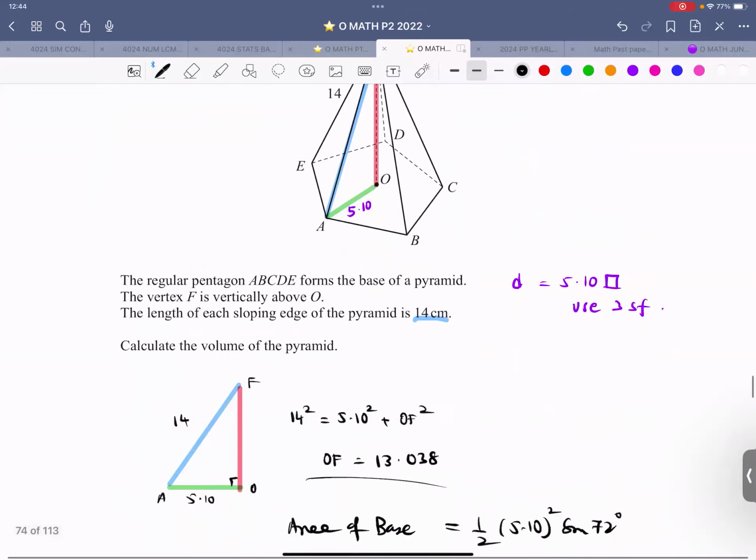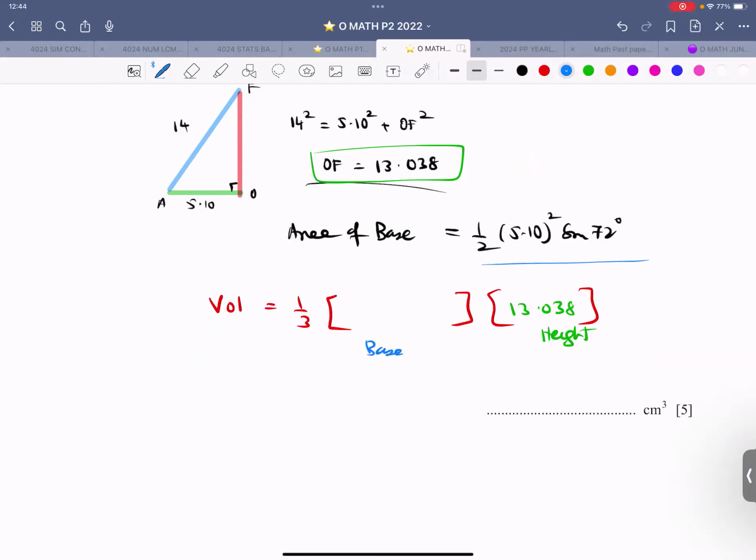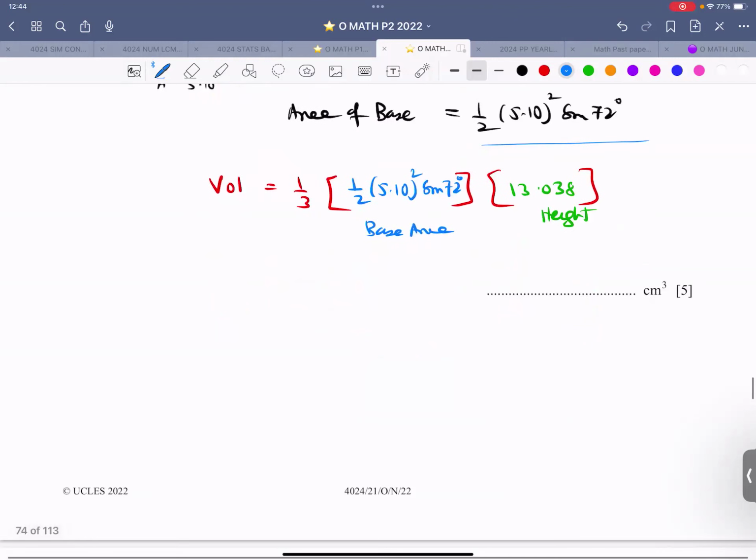Now the volume is 1/3 base area into height. The height is 13.038, and the base area is half into 5.10 square into sine of 72 degrees. Now use the calculator at the very last. When we multiply it out, this comes out to be 269 centimeter cube, correct to 3 significant figures.